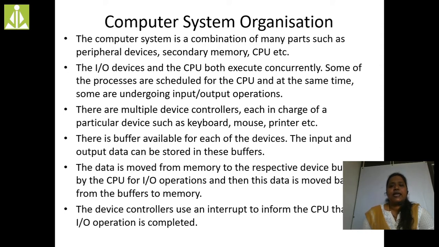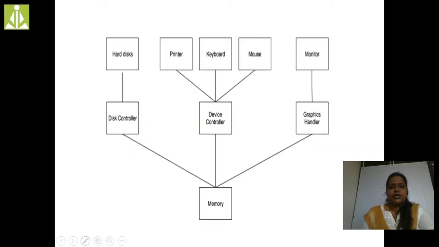Here the data is moved from the memory to the respective buffers. The data moves from the memory to the disk controller buffer, and then to the hard disk. Likewise, data moves from memory to the device controller buffer, and then to the printer.